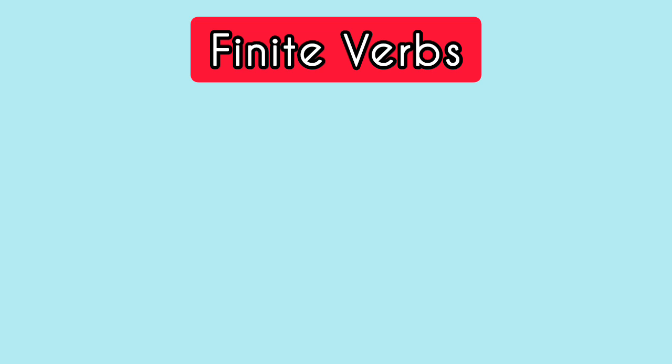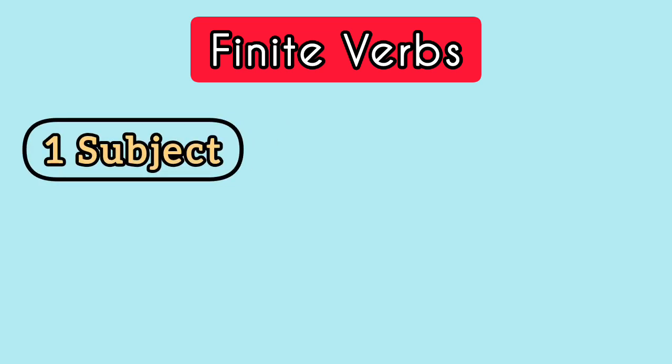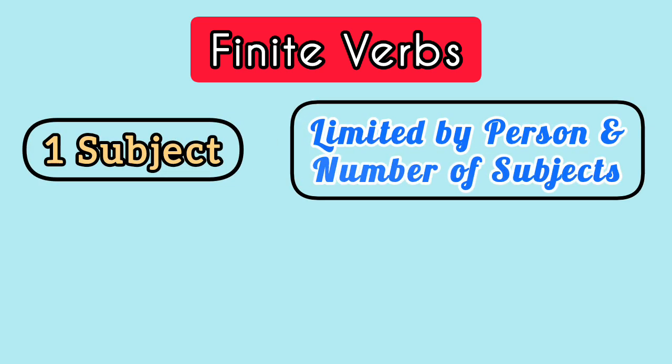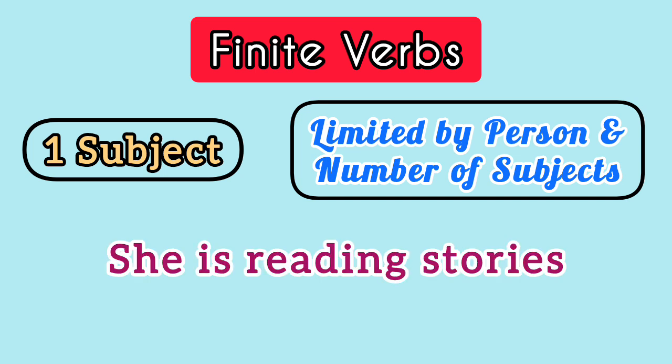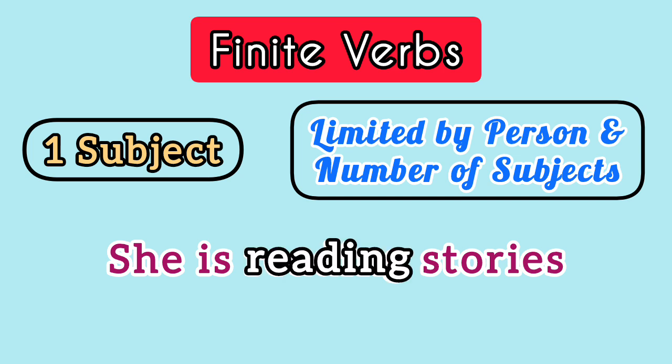So, a finite verb contains a subject and it is limited by the person and the number of the subject. An example is here to understand the finite verb. She is reading stories. Here, reading is a finite verb.